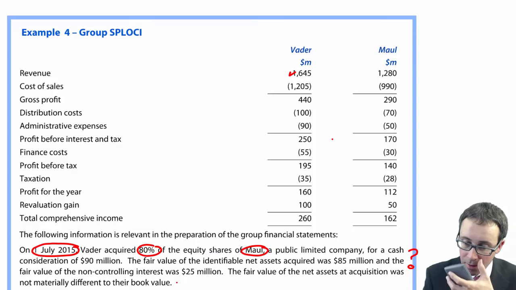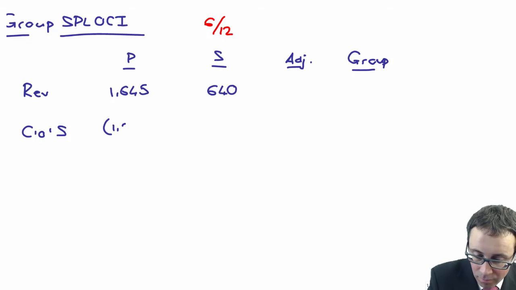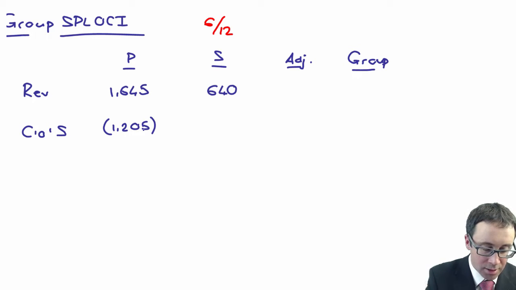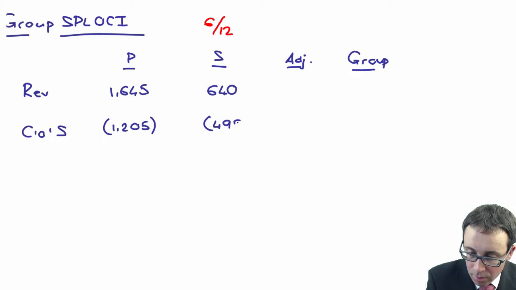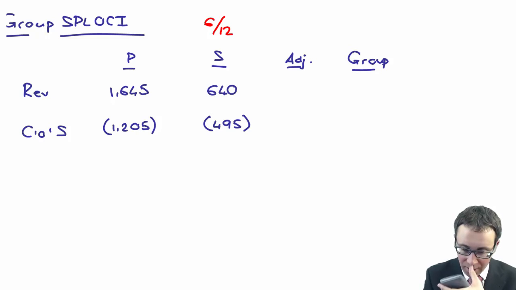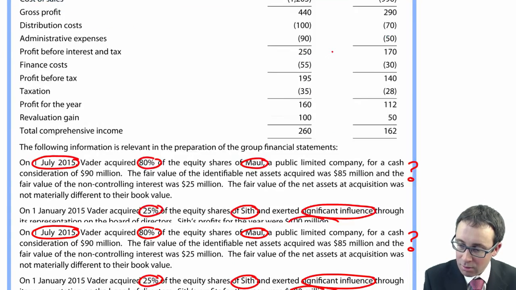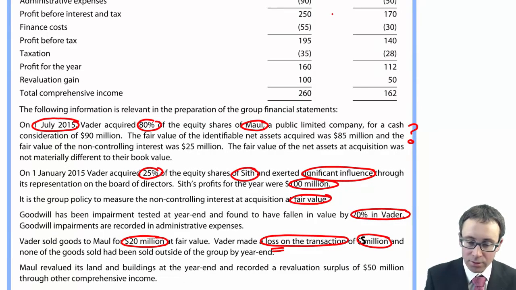Cost of sales 1205 and 990, half of that in the sub is 495. If you want to get the easy marks within the exam, I do strongly suggest that you look at your intra-company sales.